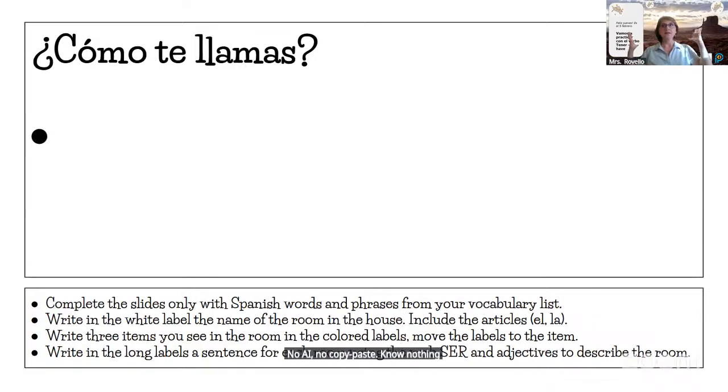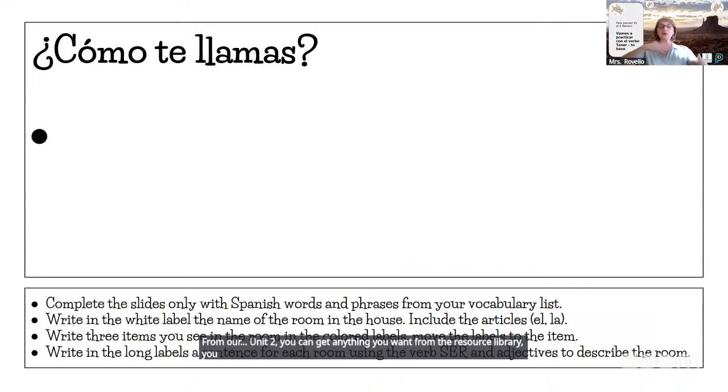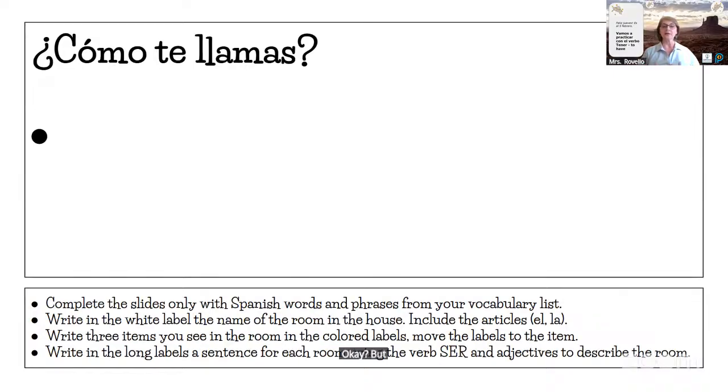You can get anything you want from our Unit 2, from the resource library, from anywhere in Canvas. You can even ask me, okay? But it's not acceptable for you to copy and paste something and say that you wrote it, because you didn't. The computer wrote it, okay? And that doesn't show me any learning, right? So only from our vocab list.